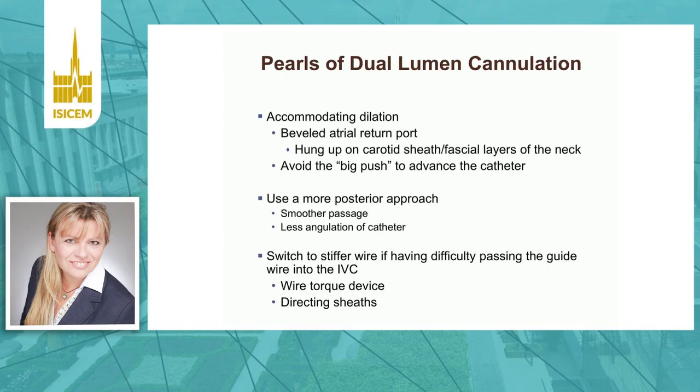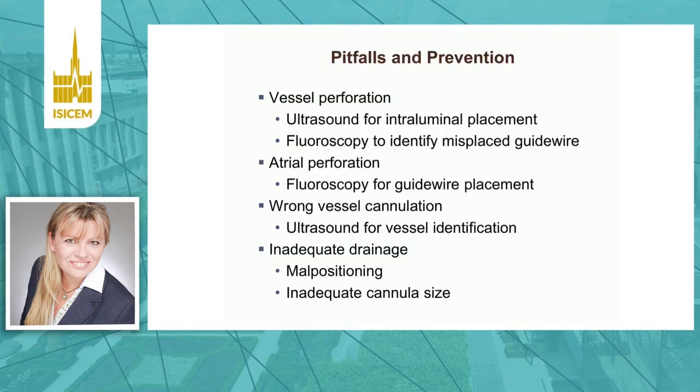Some more pitfalls and their prevention. What we are afraid of is vessel perforation, as mentioned before. So using ultrasound ensures the intraluminal placement. Fluoroscopy is, of course, even better to identify a misplaced guide wire, especially in dual lumen cannulas.